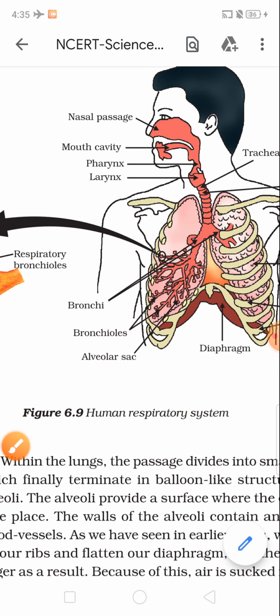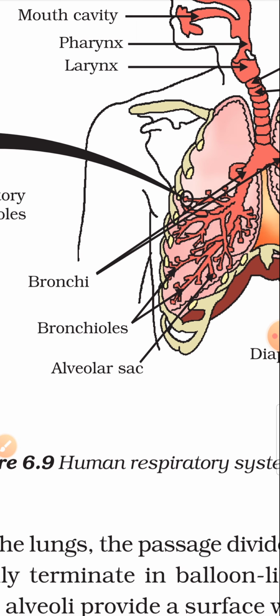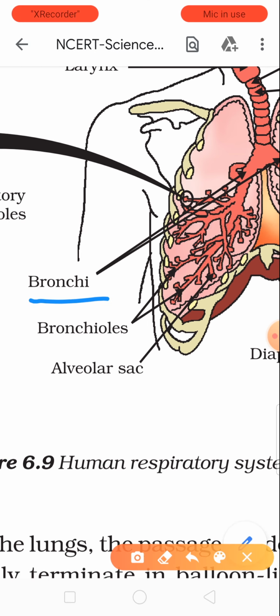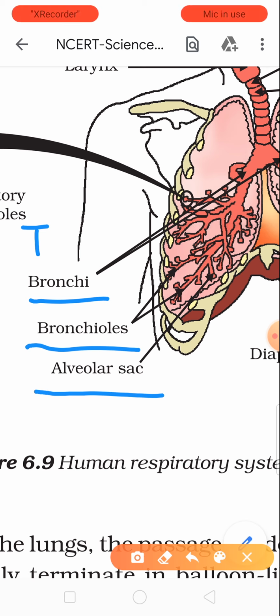So the air is passing from the trachea to the bronchi, from the bronchi to the bronchioles, and from the bronchioles into the alveolar sac. This is the pathway of your air.